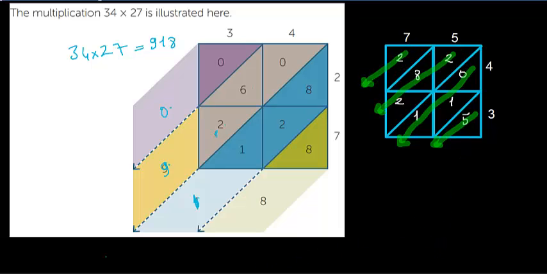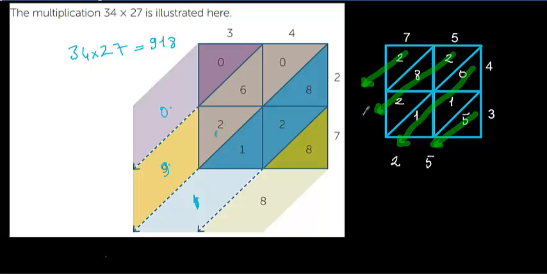Okay, let's see what the result is. And here the 5 is written directly. Then 0 plus 1 plus 1 is equal to 2, no problem. 2 plus 8 is equal to 10, plus 2, it's equal to 12.